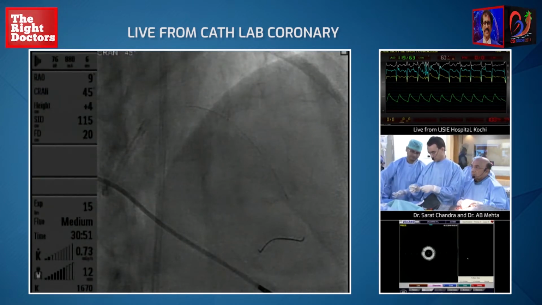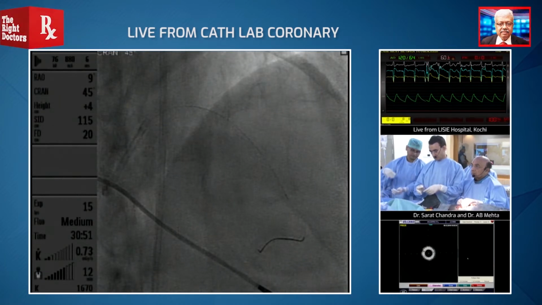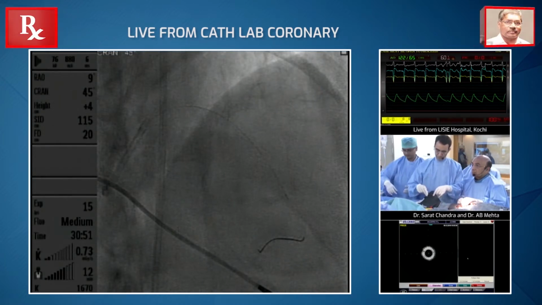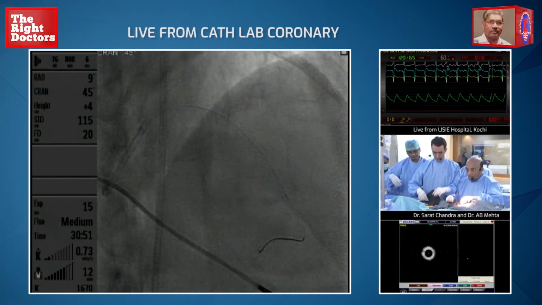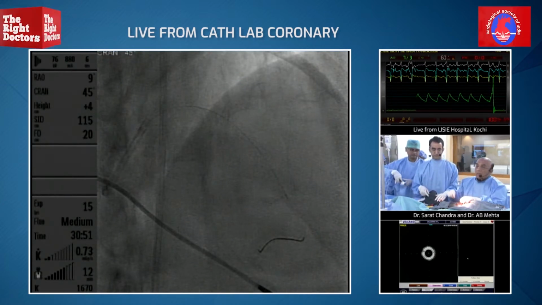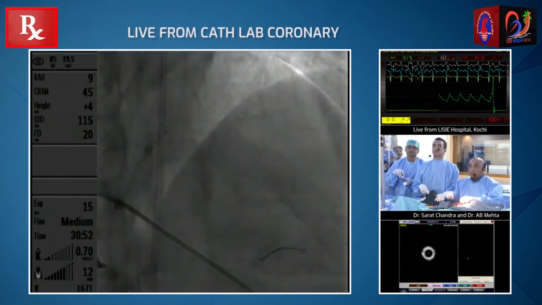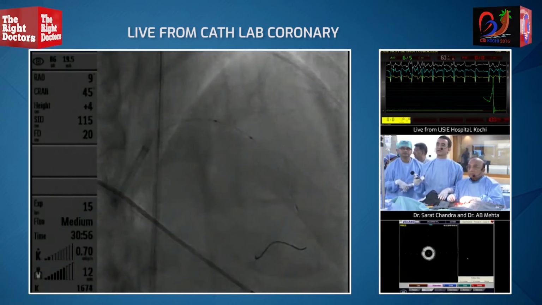Yeah, now you're doing a good job of reshaping it. Should we show the angiogram? Yeah, okay. There is calcium, yeah.